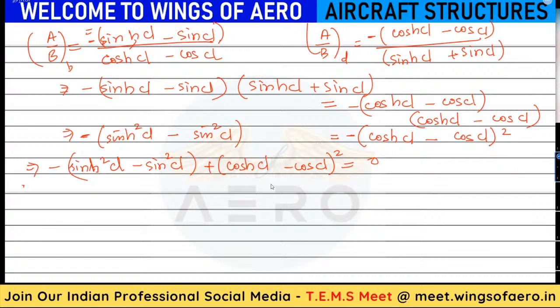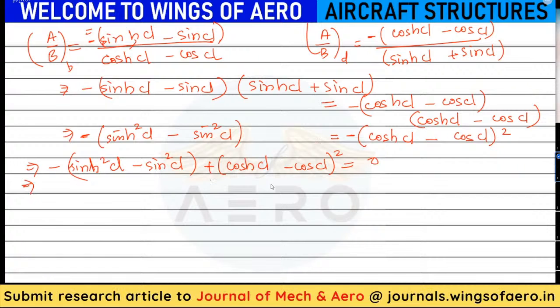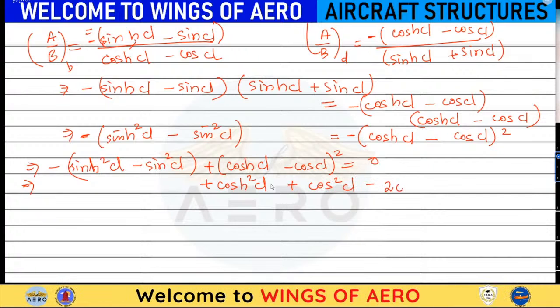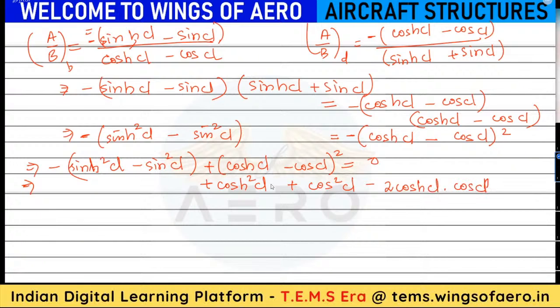Okay, let's simplify this. Now if you simplify this, cosh square CL, then you will get plus cos square CL minus 2 cosh CL into cos CL, right?